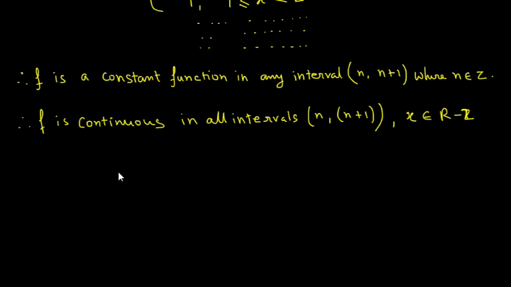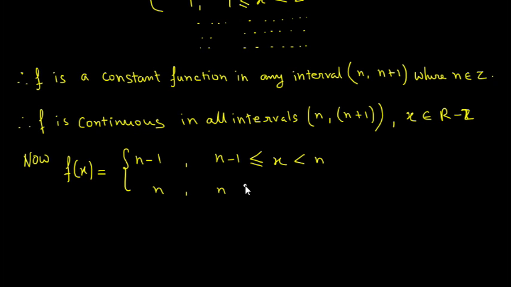Now we can write f(x) is equal to n minus 1 for n minus 1 is less than or equal to x is less than n, or n where n is less than or equal to x and x is less than n plus 1.